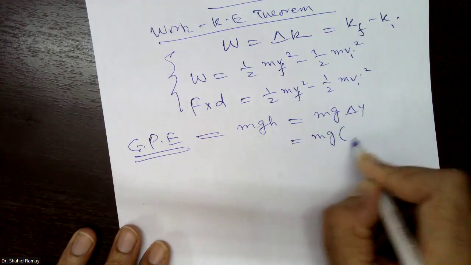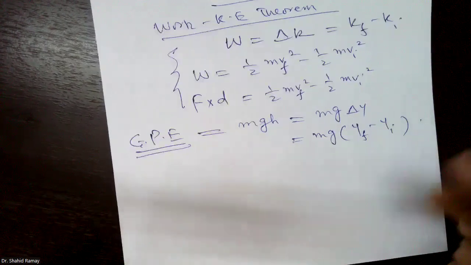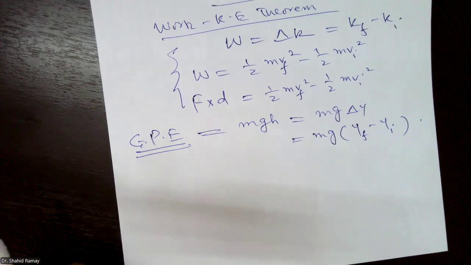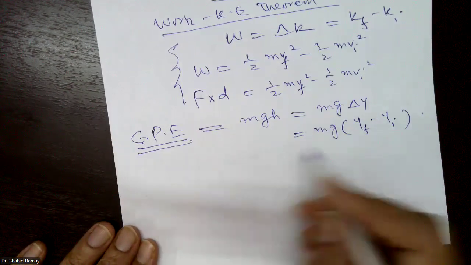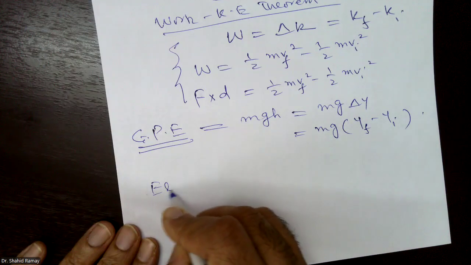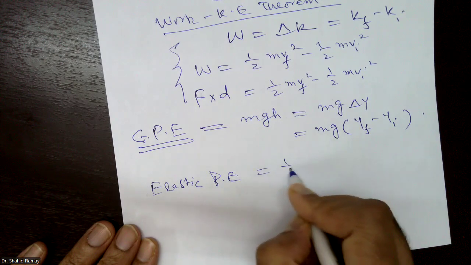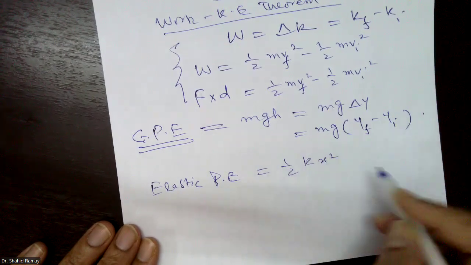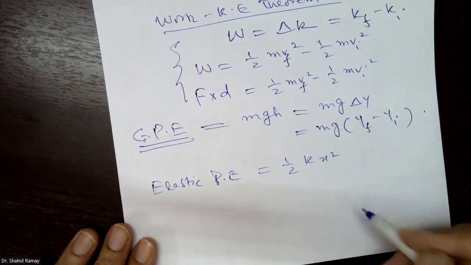So mg into y final minus y initial, you can write it like this. And in the previous lecture, we also studied elastic potential energy, which is equal to 1 over 2 kx square, where k is called the spring constant and x is the change in the length.